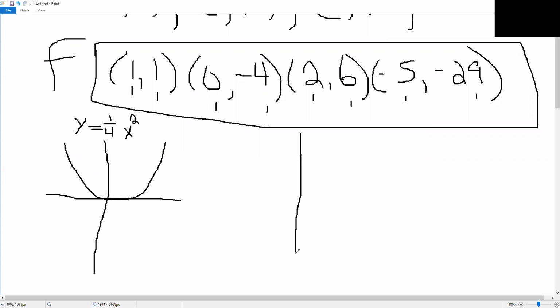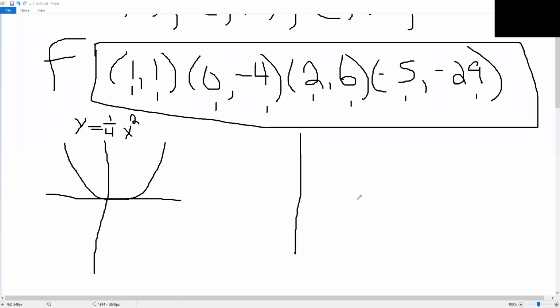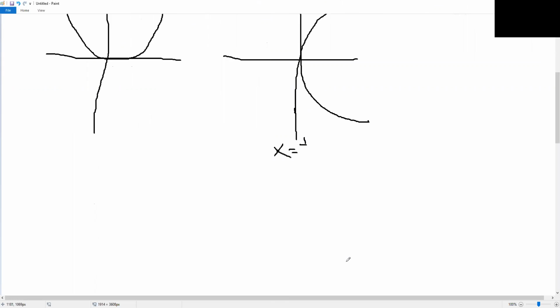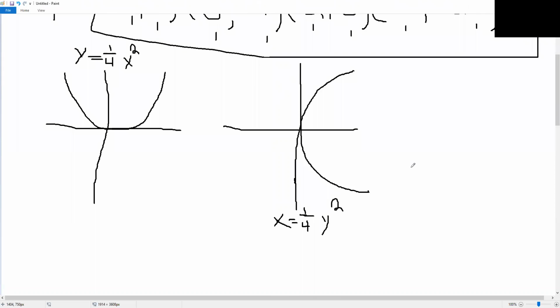And this one is a parabola that runs this way, and it is x equals 1/4 y squared.